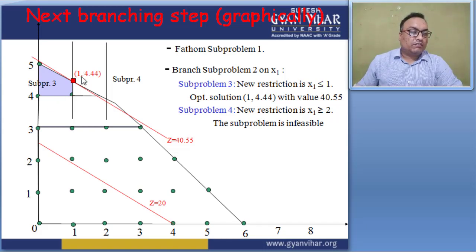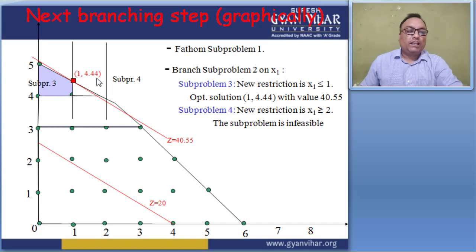So draw these two subproblems: this is subproblem 3 and this is subproblem 4. Here the different optimal points are shown. The red sign shows the optimal point, with value 1, 4.44.